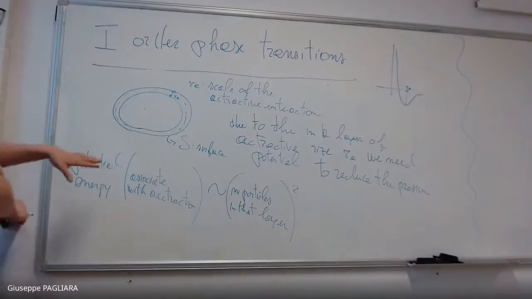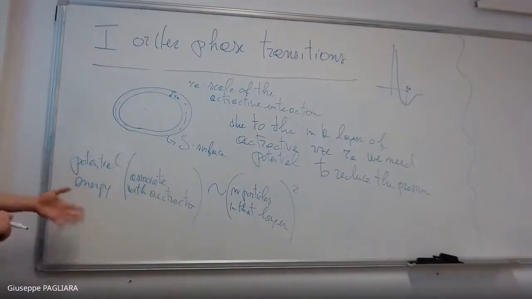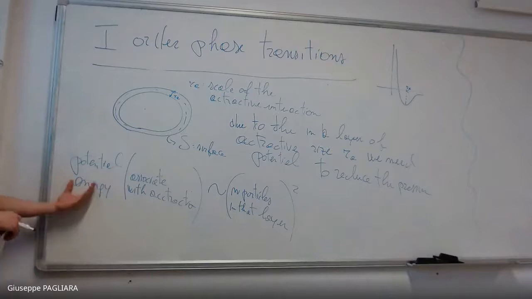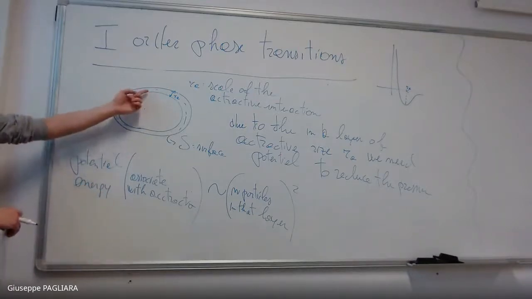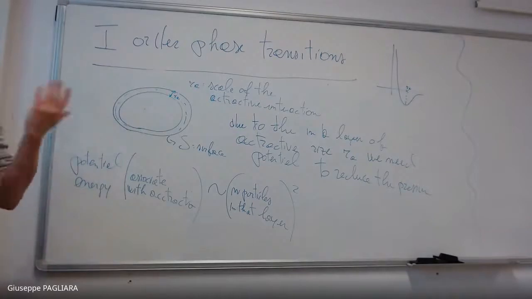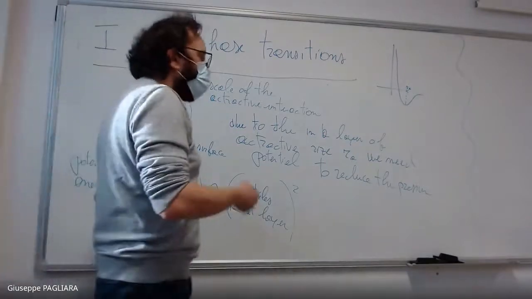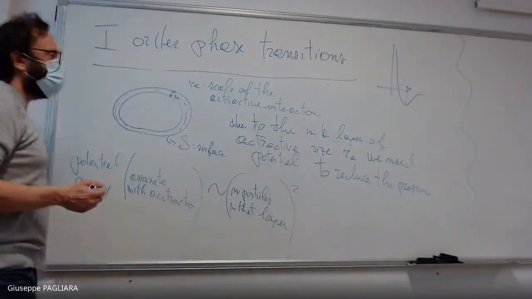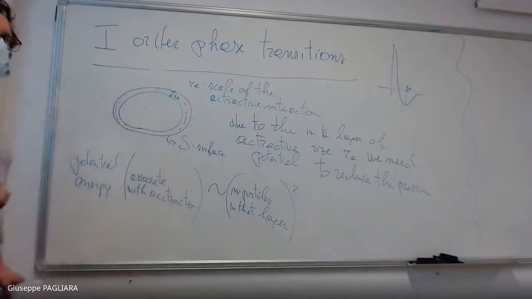So we can imagine that the correction due to the potential energy is provided by the number of pairs of particles that are in this layer, okay.